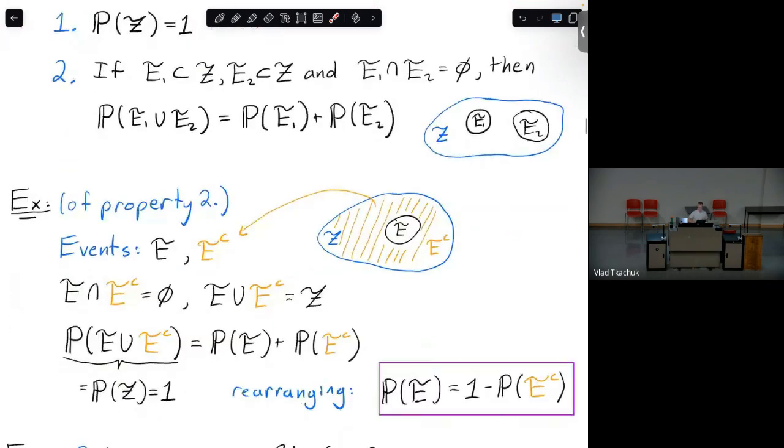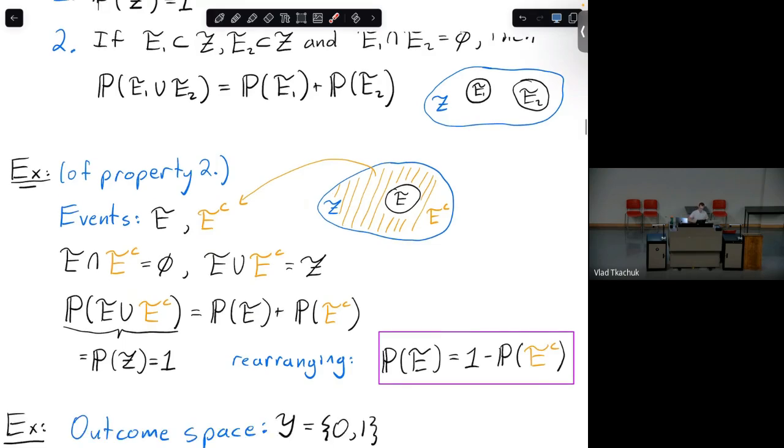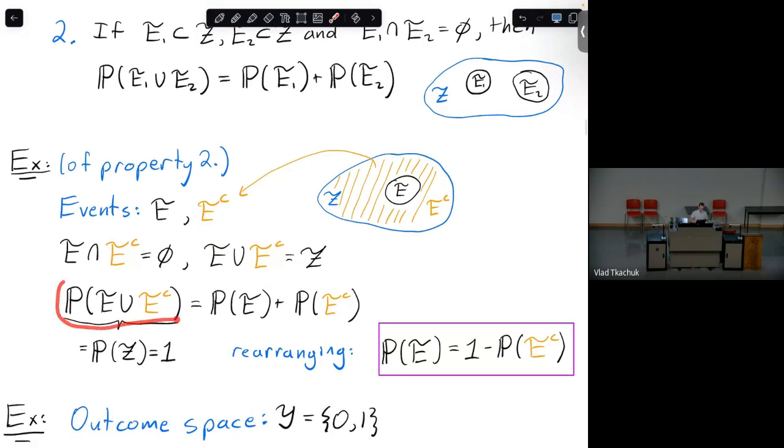An immediate consequence of this rule is that suppose you had some event, and then you had the complement of it. Notice that these two share no common outcomes. Then you can use this exact property to write something like this. And you notice that this event together with this event is the whole space of outcomes, so that probability is 1.